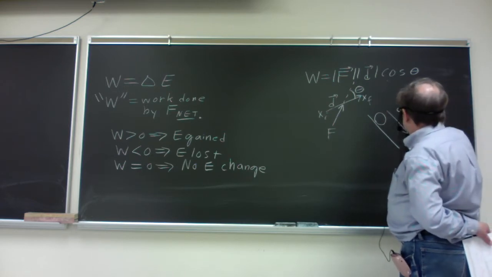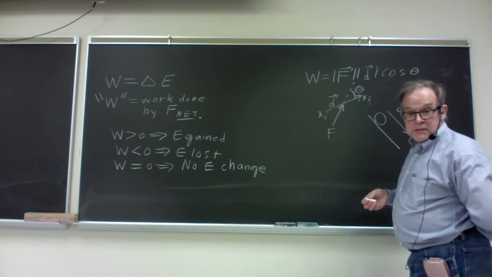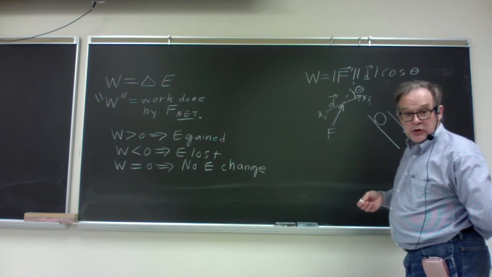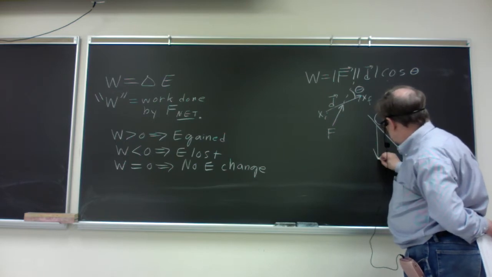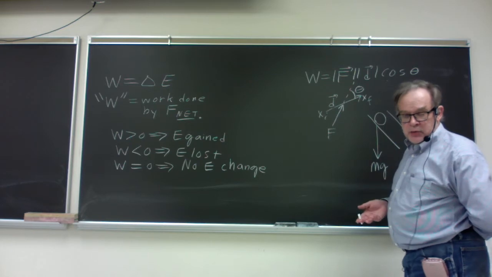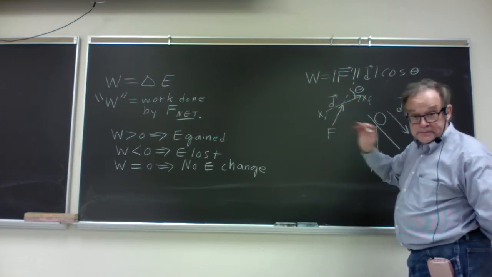So there's the displacement. And while that ball is rolling, it feels some forces. Of course, it feels the weight force, the gravitational force from the Earth, which is always pointing straight down. And I'll refer to weight as mg rather than w, because now I'm using W for work.